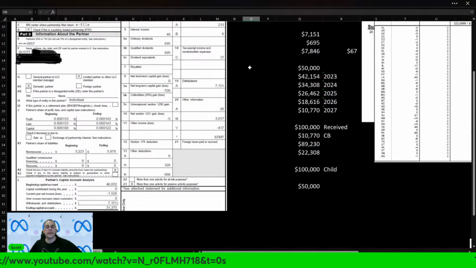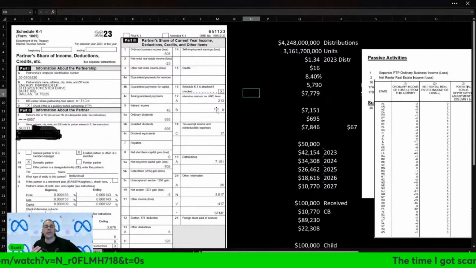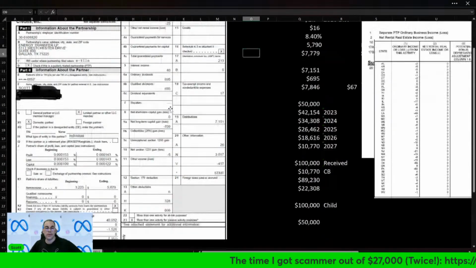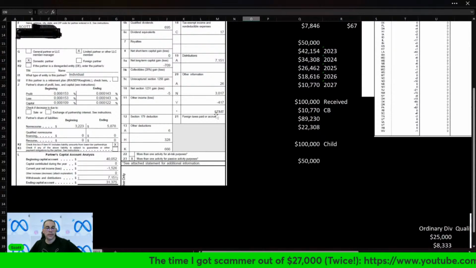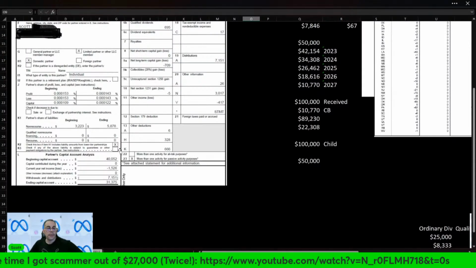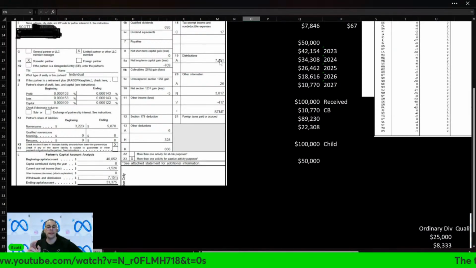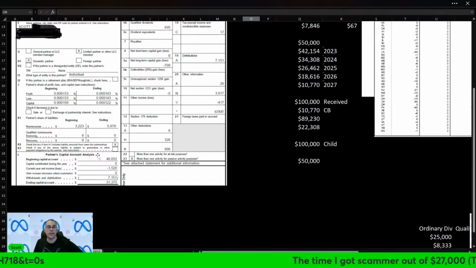I thought most of the taxes I paid were the higher tax rate, the ordinary taxes, like the 30% tax rate or whatever your income is. But whenever I receive dividends, they call it distributions for MLPs. I don't pay taxes on the distributions. It just reduces my cost basis.